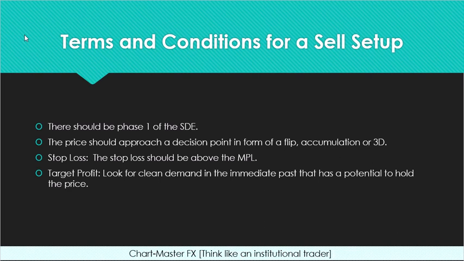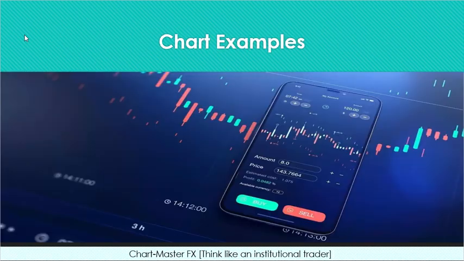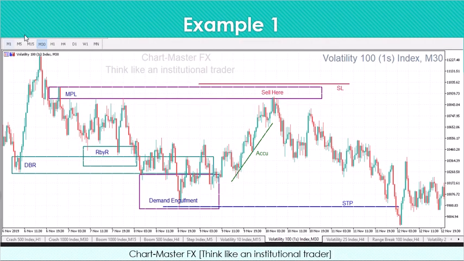The terms and conditions may be similar, so you can also look at the depth of engulfment of the base. That's where you put your target profit. So guys, let's go to chart examples.